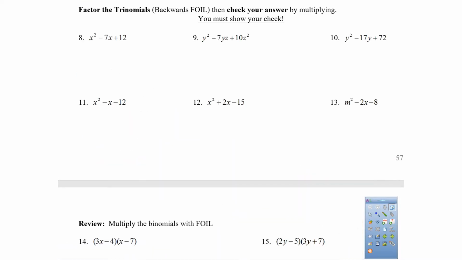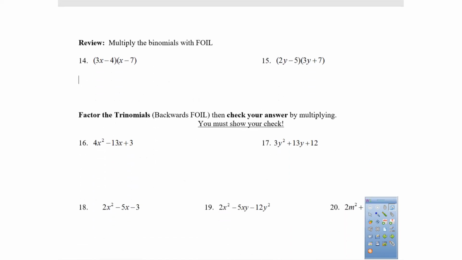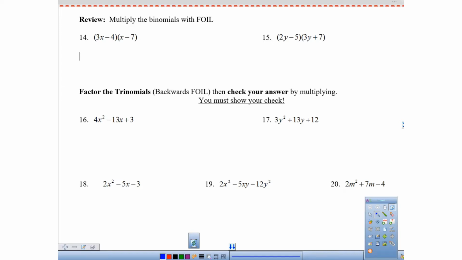Okay, all right, now we're going to get a little bit more complicated. And now there's going to be a number in front of the x squared or y squared or whatever you've got. Okay, so let's go the other direction first. So let's FOIL this. So you go 3x times x is 3x to the second. Outside is 3x times a negative 7.